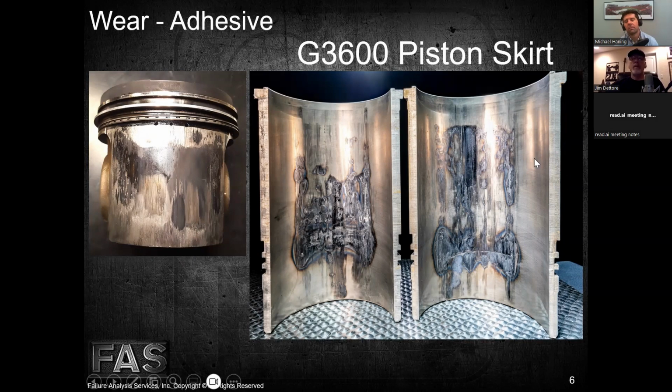Okay, so when we talk about those tempering colors, those are good indications of how hot something got, and that's factual data, right? If we see something starting to turn gold, well, we know it's been 400, 450 degrees. We're starting to see the blues and the purples and stuff like that, then we know we're somewhere 600 to 900 degrees.